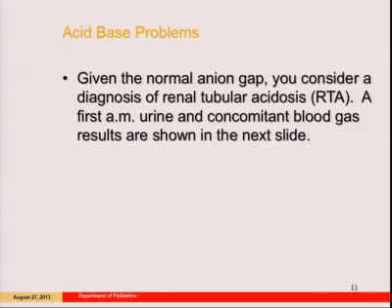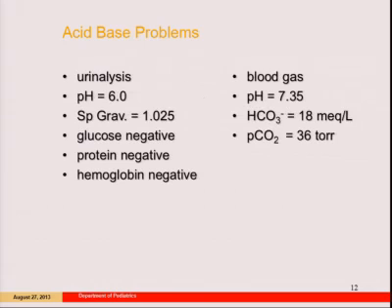So given a normal anion gap, you consider the diagnosis of renal tubular acidosis for this boy who's not growing, and so you get a first morning urine and a blood gas. This is the urine. pH is 6, specific gravity of 1025. His glucose and everything else is negative.